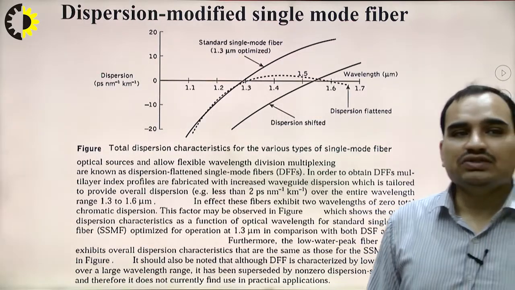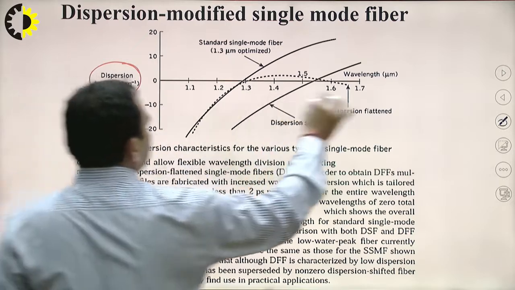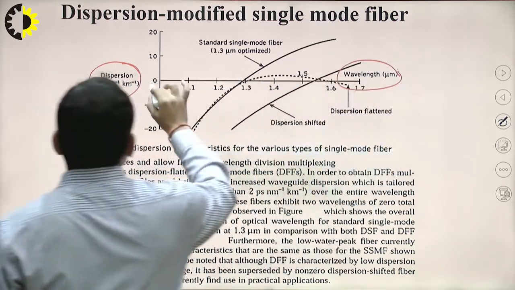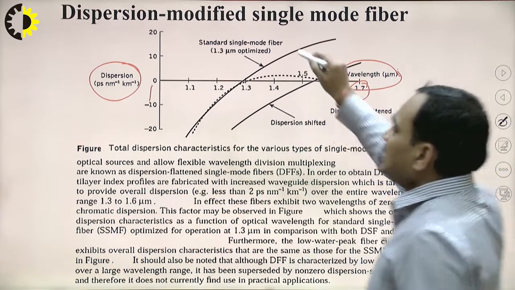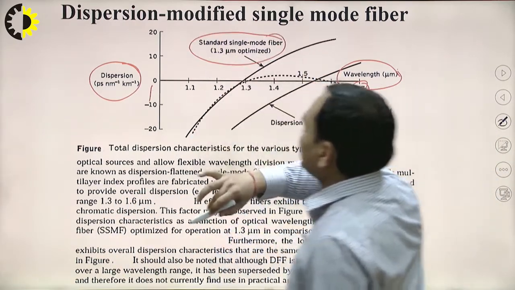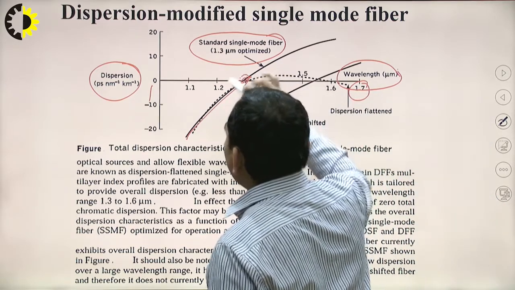As we can see in the figure, we have dispersion on the y-axis and wavelength on the x-axis, ranging from 1 micrometer to 1.7 micrometers. The standard single mode fiber, optimized at 1.3 micrometers, has zero dispersion at this wavelength.